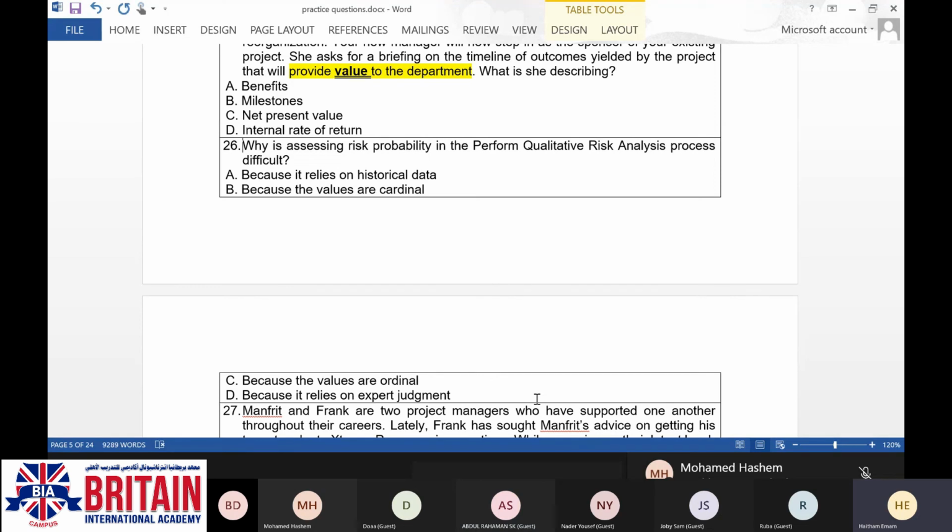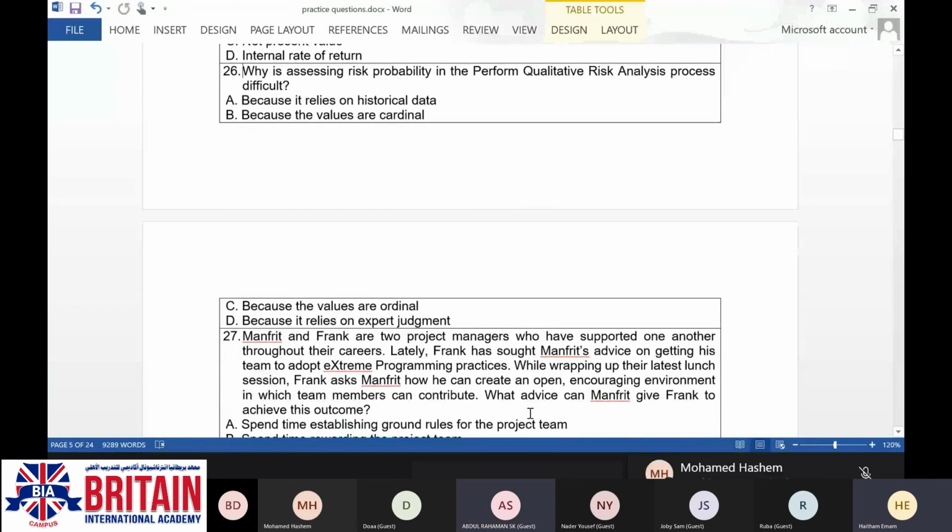As long as we are going to talk about the risk probability in the qualitative risk analysis, we are going to depend on expert judgment. Because of that, it is difficult to identify.